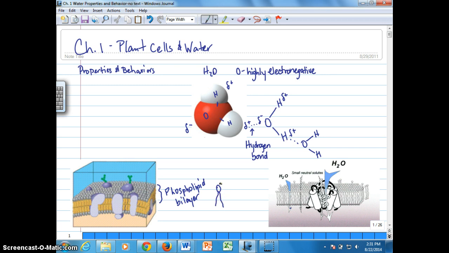So let's make sure we indicate what these are. This is a phospholipid, and it has a hydrophilic head, phosphate head, and these here are the fatty acid tails, which are hydrophobic.